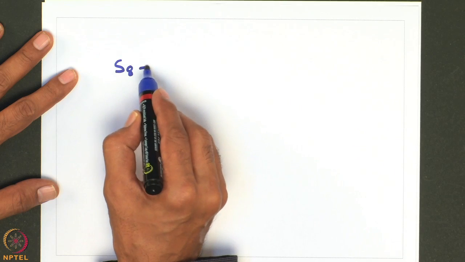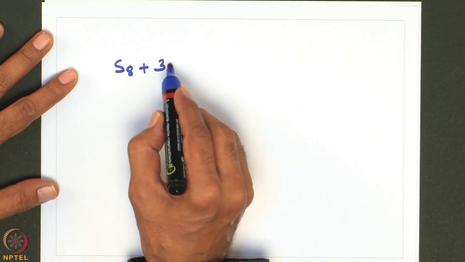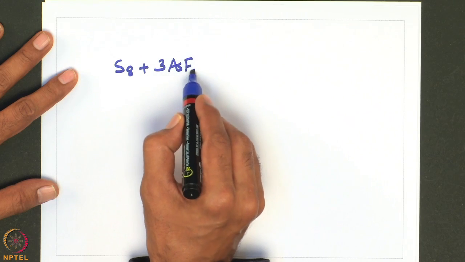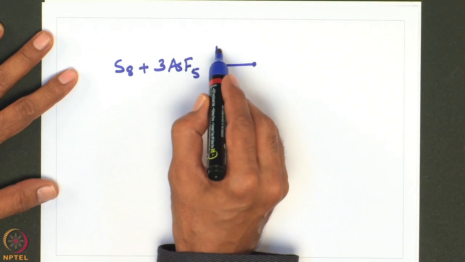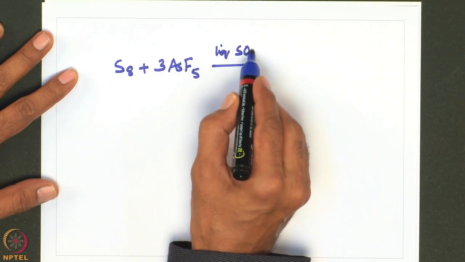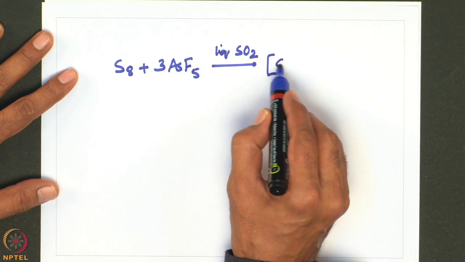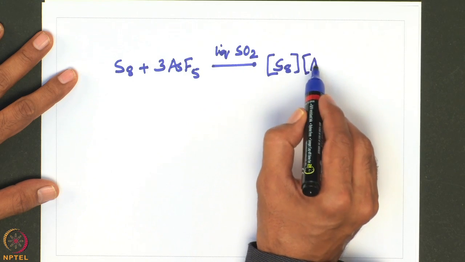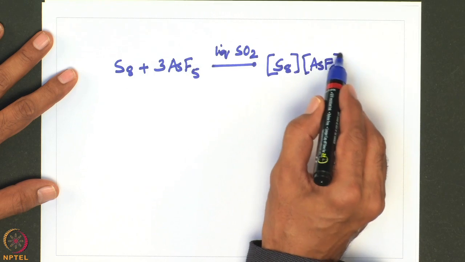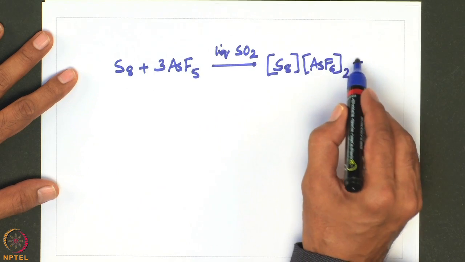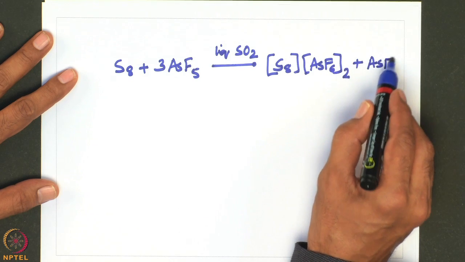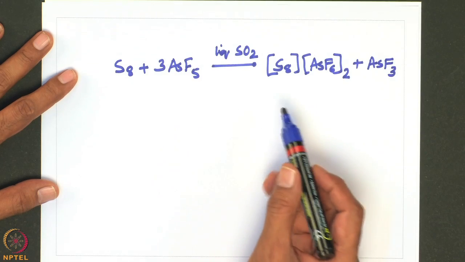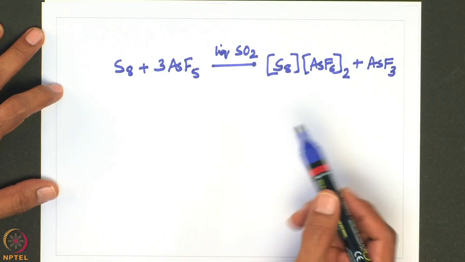For example, in the reaction of S8 with AsF5 in liquid sulfur dioxide, this is one such dication.